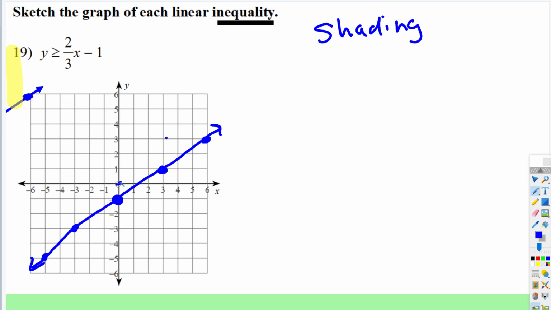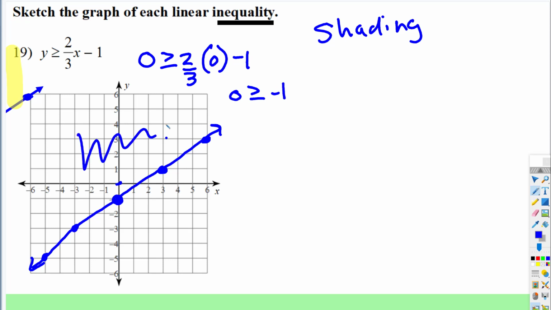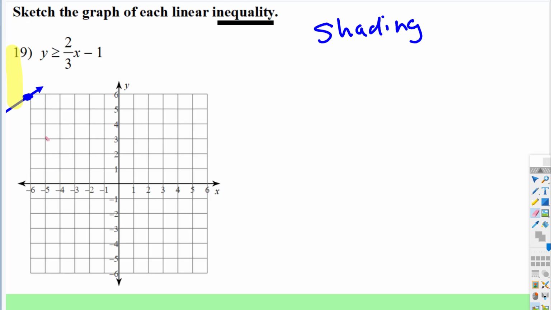So if we chose that point right there and we put 0 in for y and 0 in for x, we would have 0 is greater than or equal to -1. If that's true, if this point right here makes that statement true, then everywhere above that line would make it true. All right.